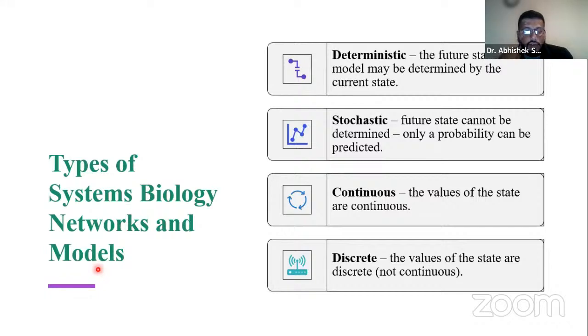We have continuous methods, where the values of the different states of the components are continuous. Then we have discrete, where the values of the states are discrete, that is not continuous, where we use boolean modeling methods, or logic based modeling methods.